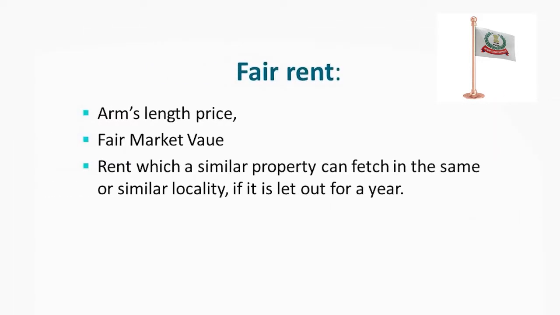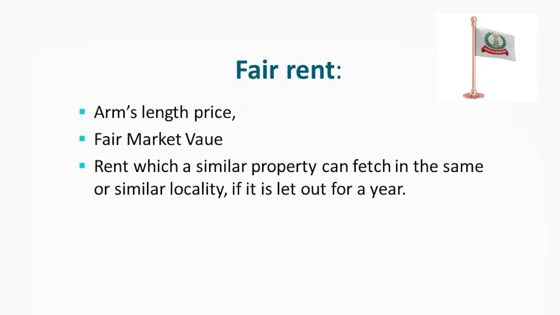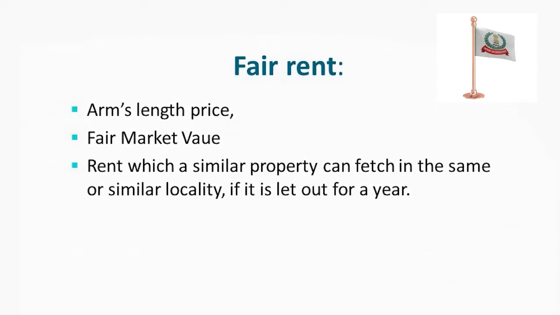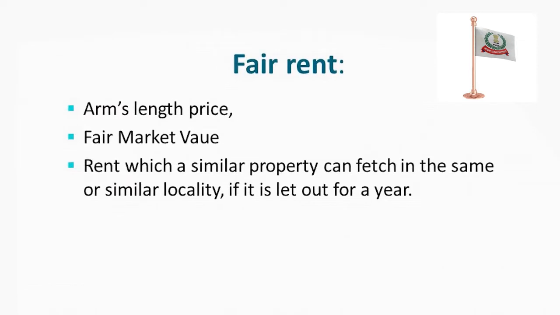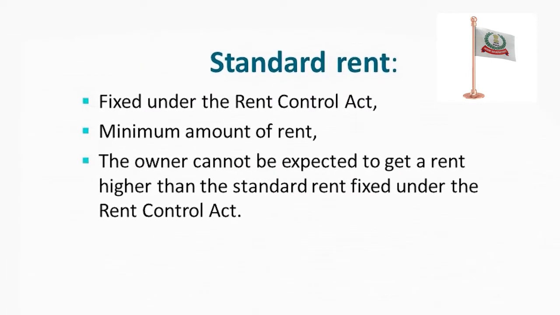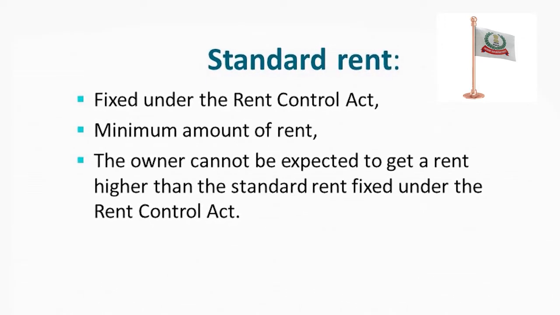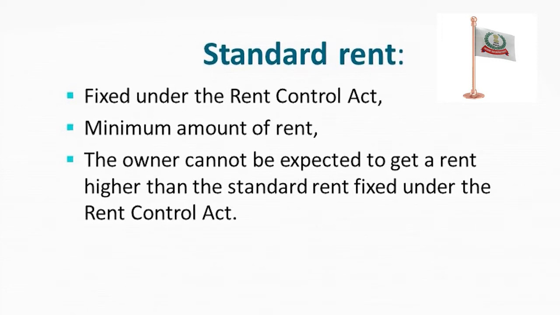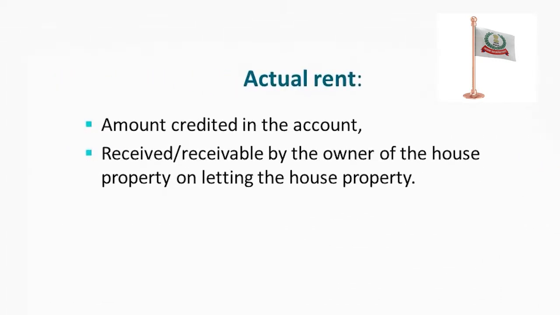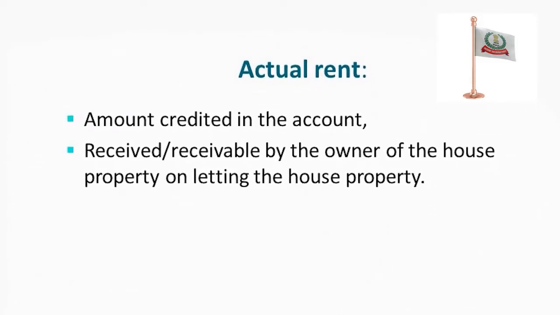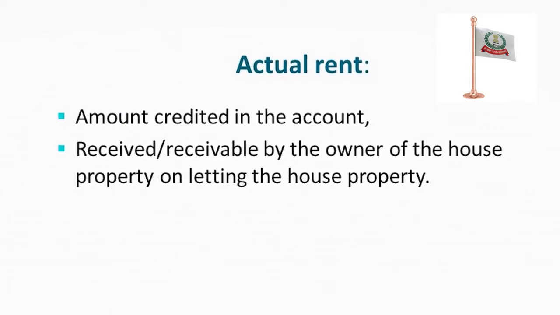Fair rent is the value at which property is available to everyone commonly in any specific area. Standard rent is the rent fixed by the Rent Control Act. That means such amount is the minimum that may be receivable by the landlord. Actual rent is the rent actually agreed to be receivable by the landlord.